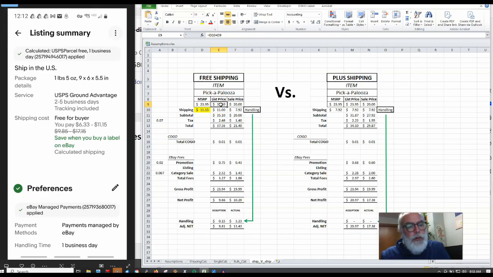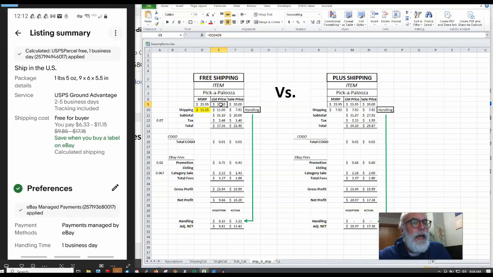Now, that ensures that you get the full retail value of your item, plus you get the full value of the cost to ship it. Right? So you're receiving from the individual the cost to ship it, right? So in a way, you're really not listing the item for its value.